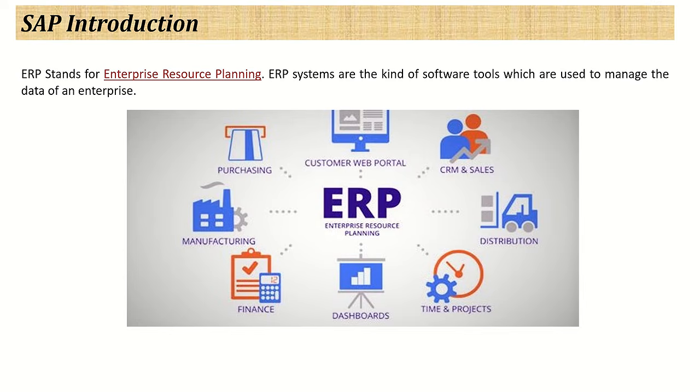So ERP systems are kind of software tools which are used to manage and plan the data of the organization, of the company. In any company, we know there are different departments like purchasing, finance, sales, CRM, etc. And in a big company, we require a tight integration between all the departments.